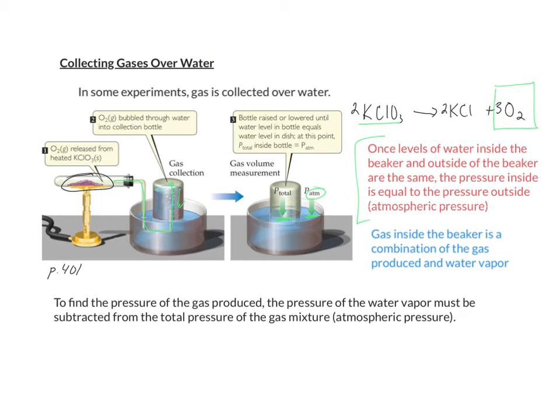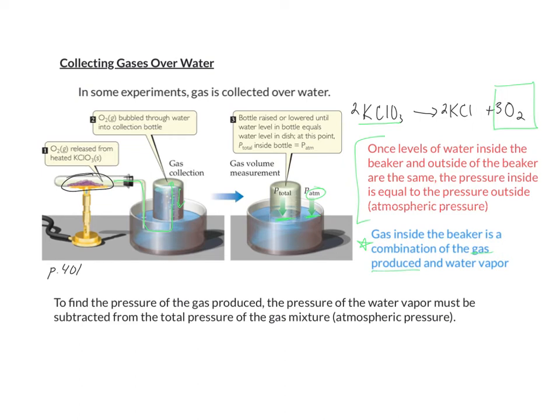It could be the standard atmospheric pressure, or it could be some different atmospheric pressure. Now, a really important thing here is that the gas inside the beaker is not just O2. It's a combination of the O2, which is the gas produced, and water vapor.